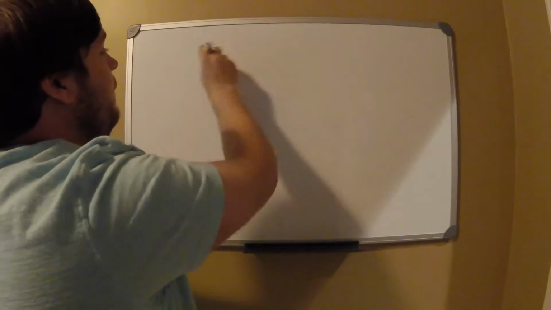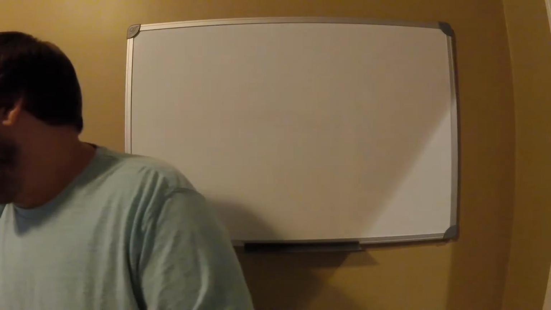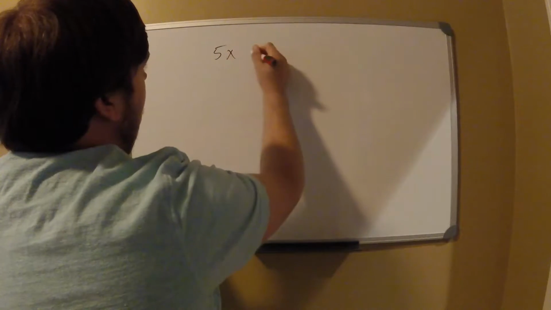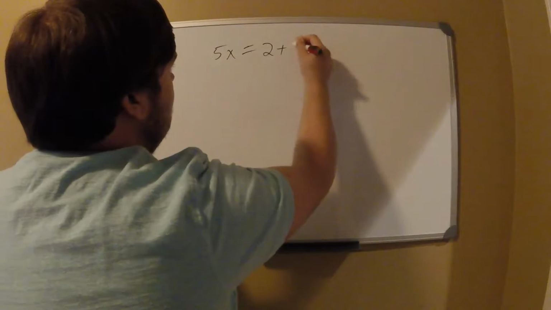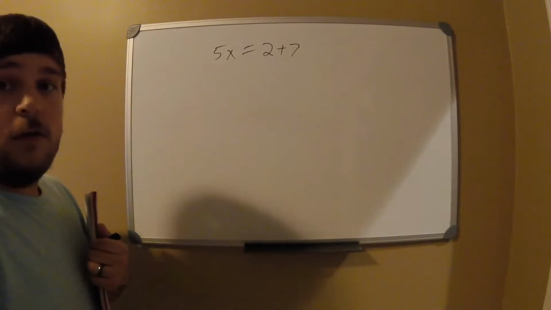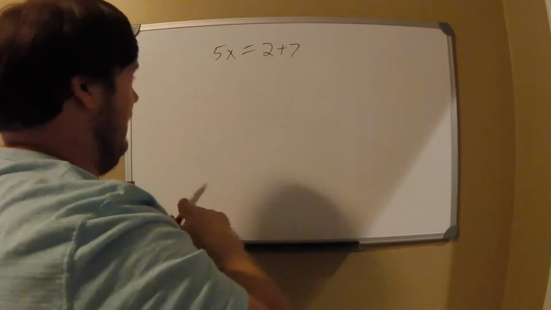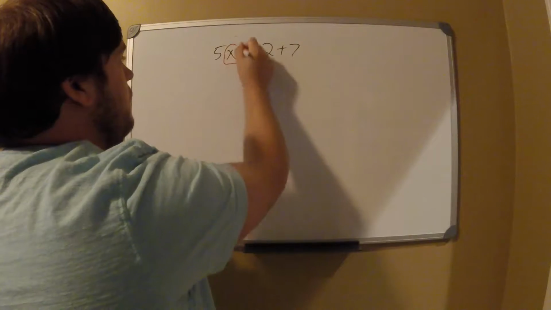But what gets a little complicated is when we get equations that have what's called unknowns. And that's when we throw in problems like 5x equals 2 plus 7. That's where it gets a little complicated, is when we start throwing in what's called an unknown, and it's called variables.